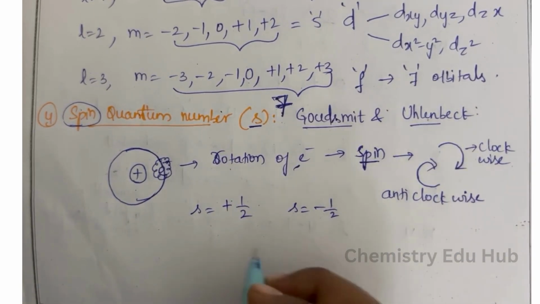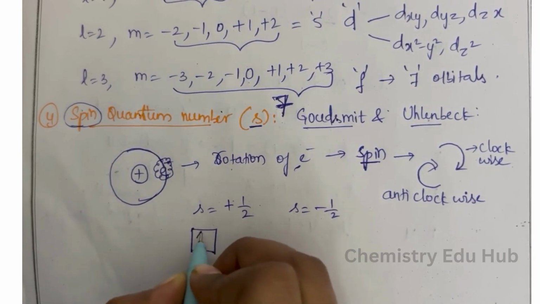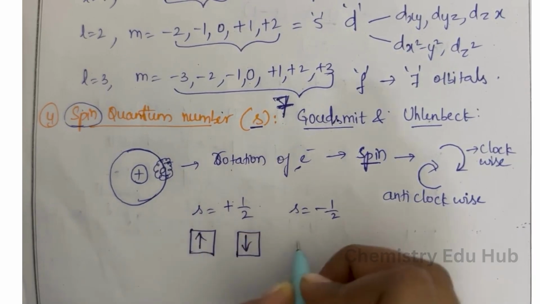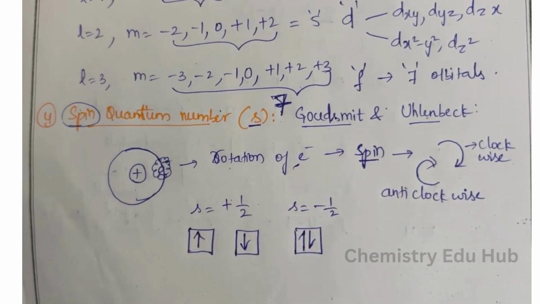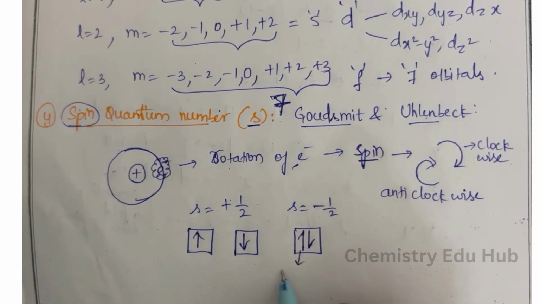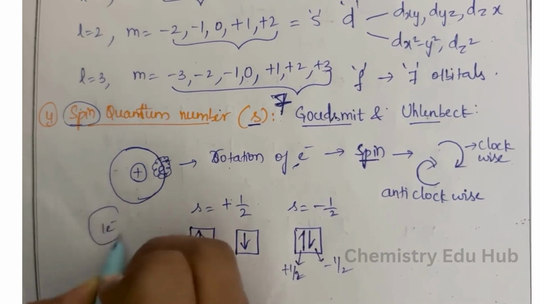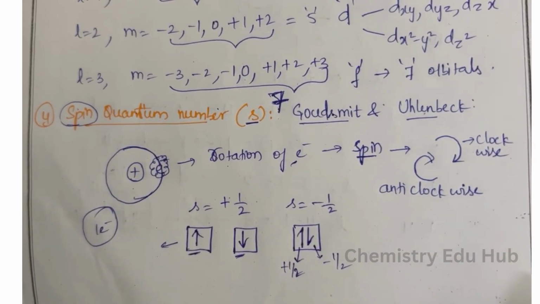So whenever electrons are represented in an orbital, we can write them in the upward direction or in the downward direction. When two electrons are there, obviously one has to be upward and one has to be downward. This indicates clockwise plus half spin. This indicates minus half anti-clockwise spin. But if there is only one electron, it can rotate in the upward or in the downward direction.